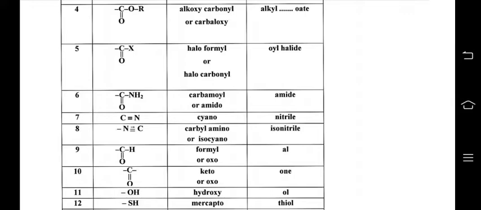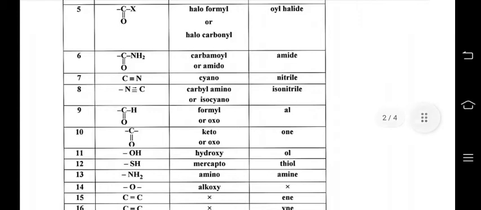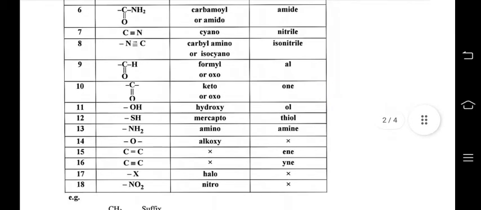In case of isocyanide, the prefix is carbylamine or isocyano, and the suffix form is isonitrile. In case of the aldehyde, the prefix is formyl or oxo, and the suffix is al, replacing the last letter of the alkane, alkene, alkyne. In case of ketones, the prefix is keto or oxo, and the suffix is one.